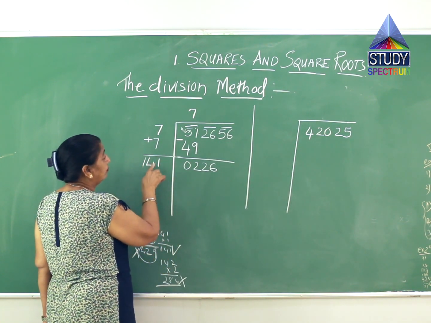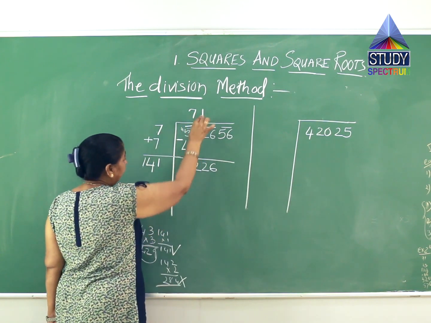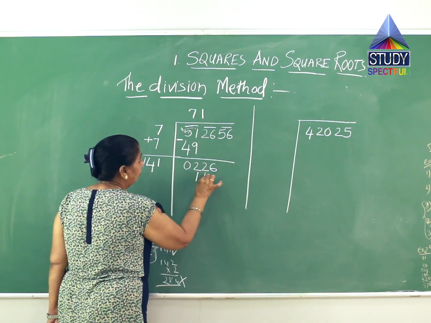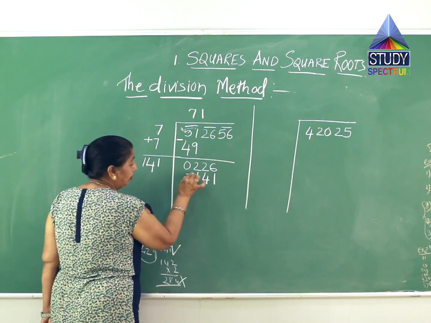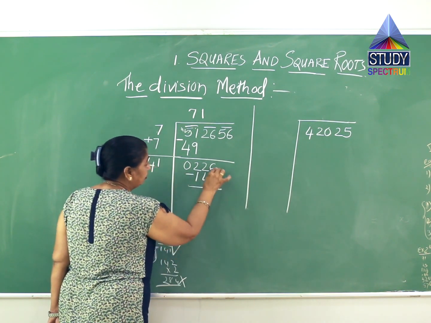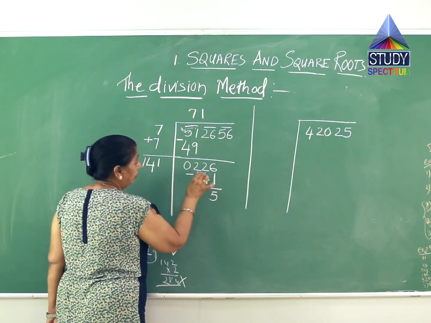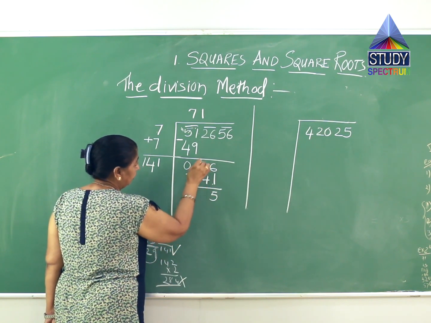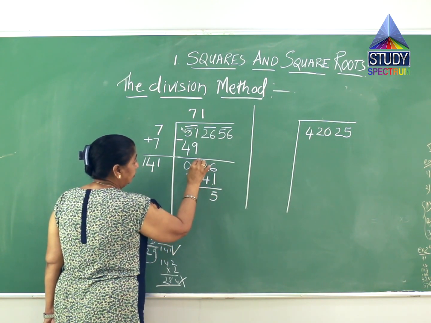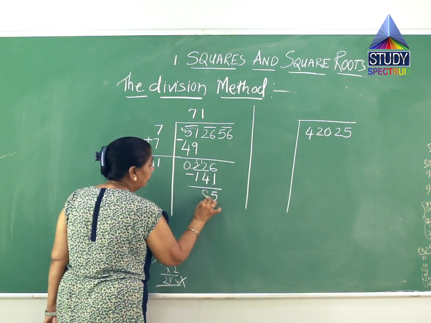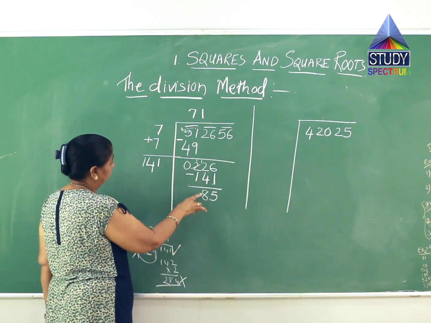Then 141 multiplied by 1 gives me 141. Again I will subtract this number from this, which will give me 5. Here it is not possible, so I will take a carry from here. And here 12 minus 4 will give me 8.